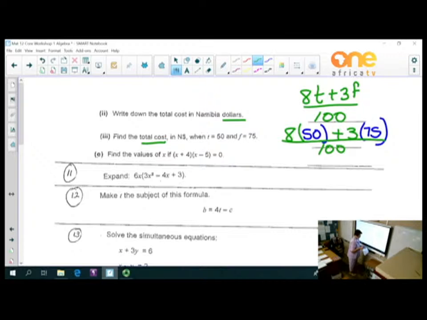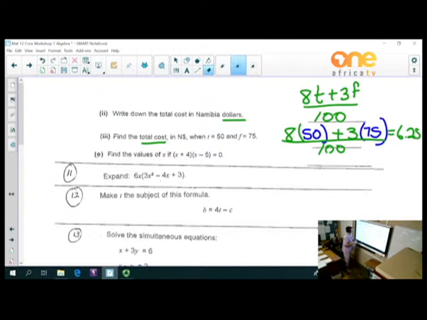So now we just do that on our calculators. 8 times 50 plus 3 times 75, and we're going to divide it by 100 because they want the answer in dollars. And I got 6.25.